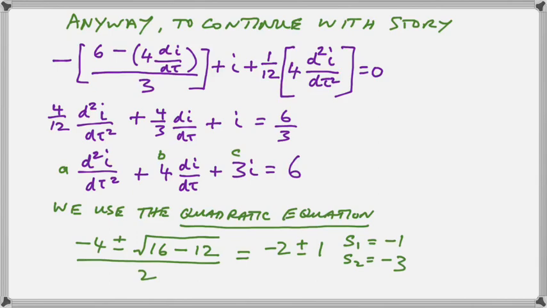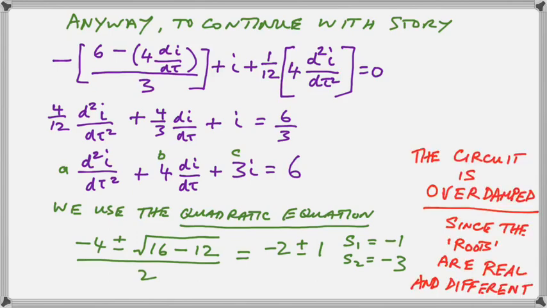Now, when we use our quadratic equation, you can only end up with 2 real roots as shown, a pair of identical roots, or a complex root if what comes under that square root sign is a negative number. In our case, the result is 2 real and different roots.